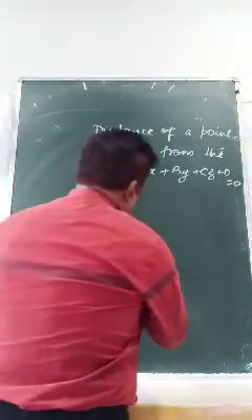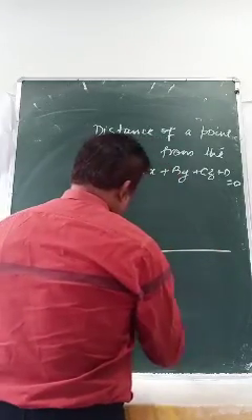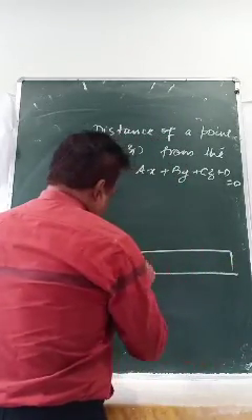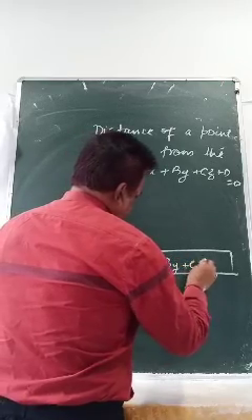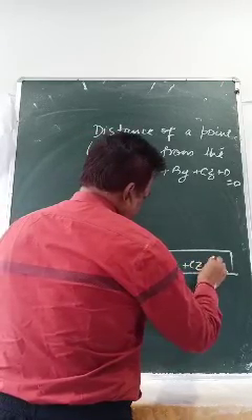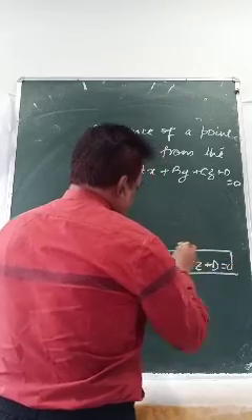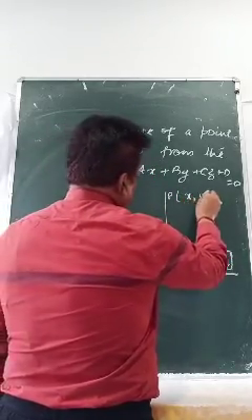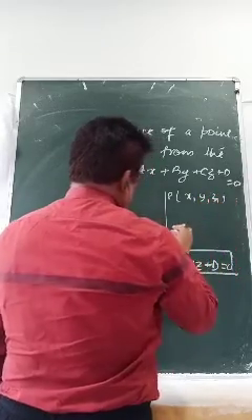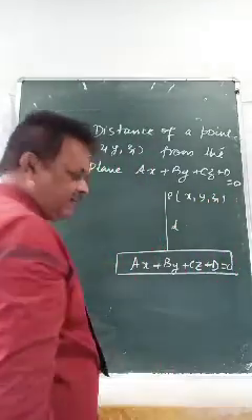Means there is a plane here. This is the equation of the plane, and the point is here, x1, y1, z1. You want to find this distance.